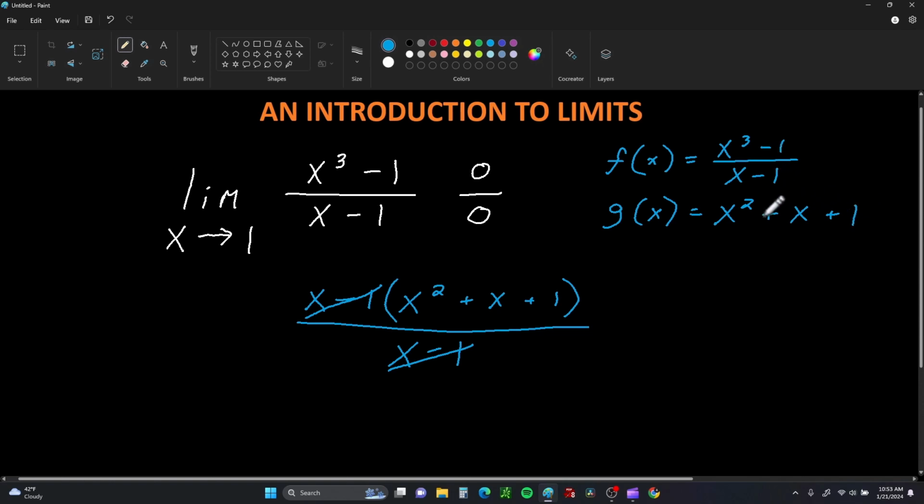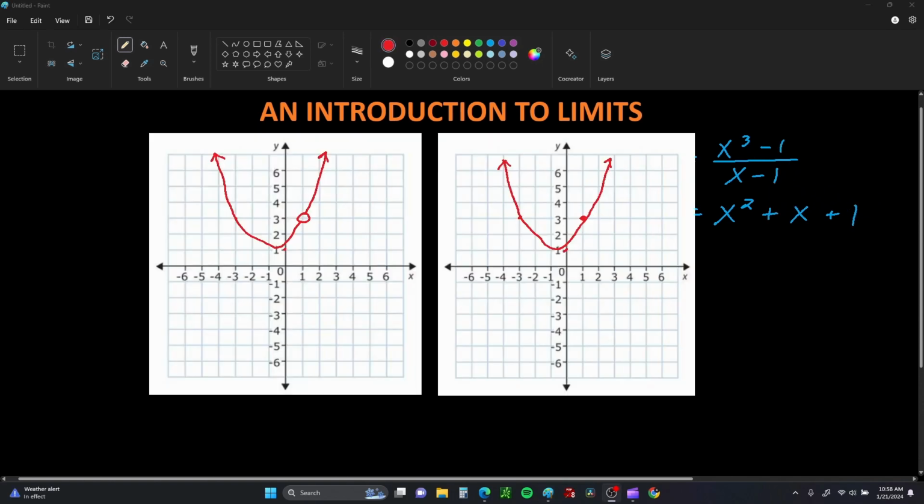Let's take a look at the two graphs here. Now, looking at these two graphs, this is g of x, which is x squared plus x plus 1. And of particular importance is this point right here. Since x can't equal 1 on our f of x, if I put a 1 here, I would be dividing by 0. This function is therefore not continuous at this one point.